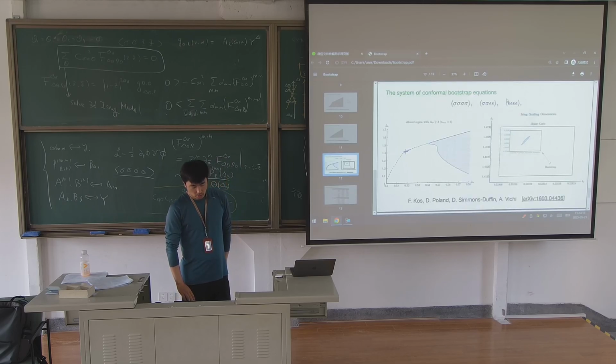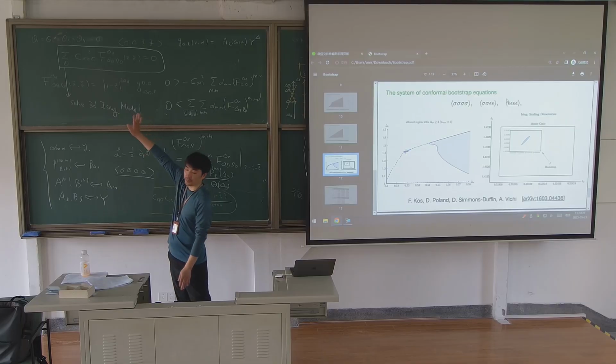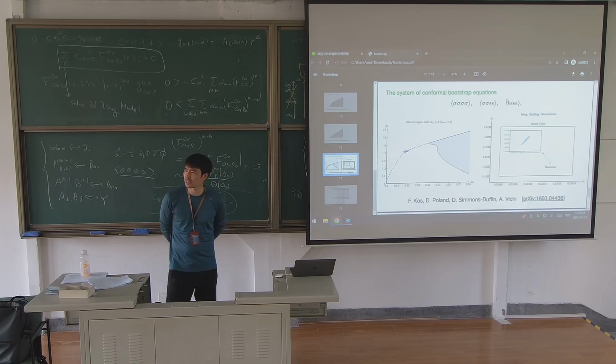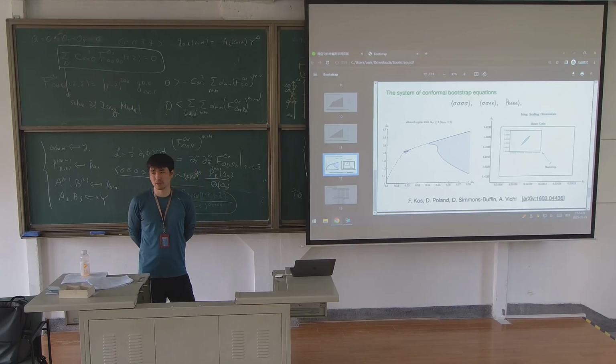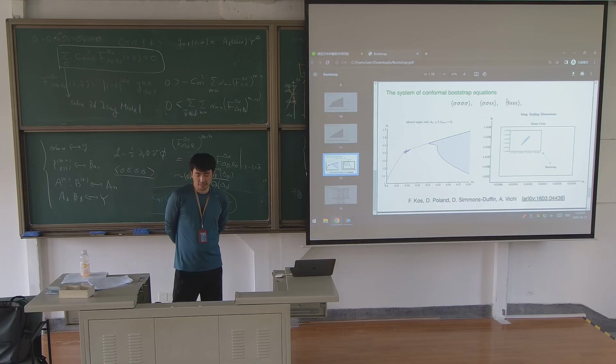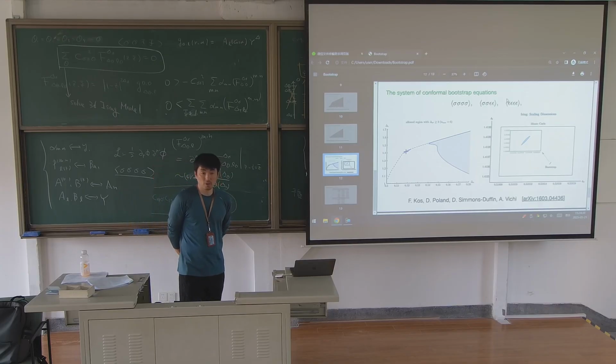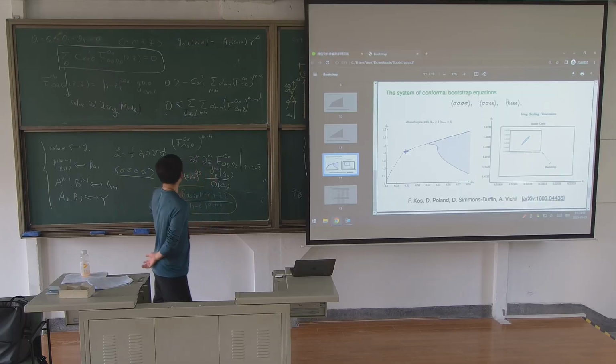Just starting from this very simple idea, even though it was given in the 70s by Polyakov and many people, I don't remember the names, people did not use that idea. But if you use this conformal bootstrap equation very cleverly, one can determine things without relying on anything else, just by solving this bootstrap equation.